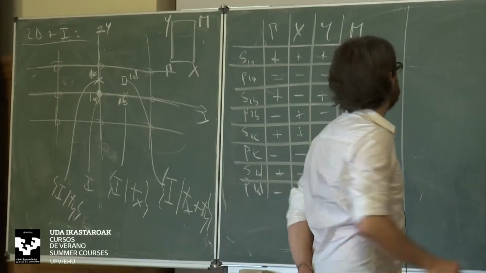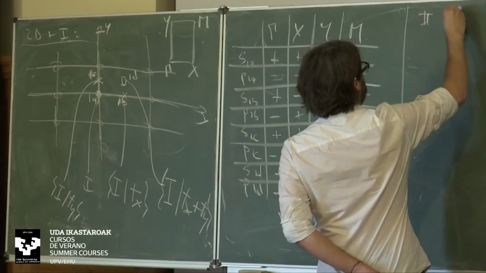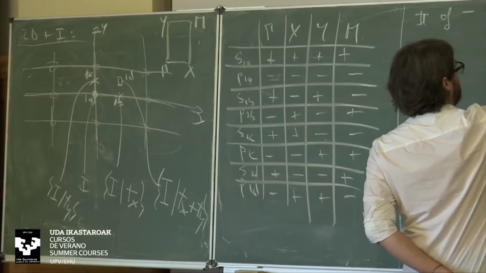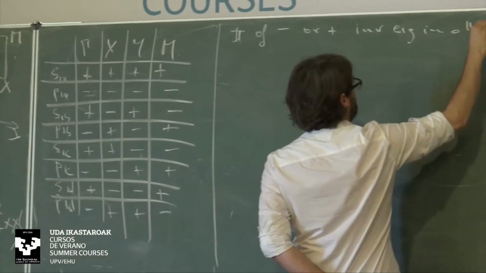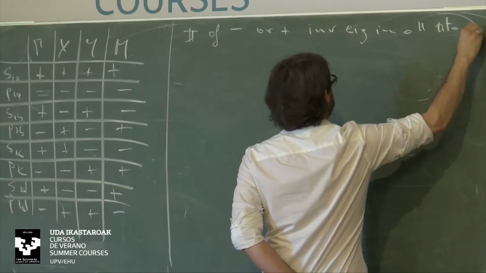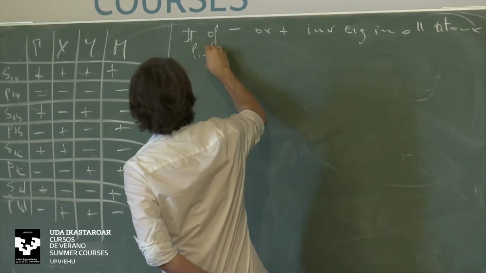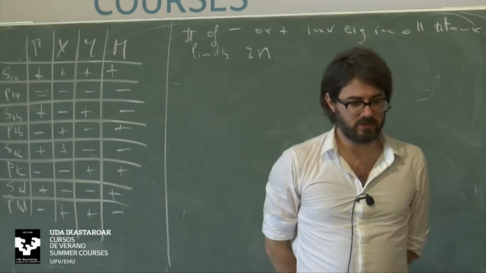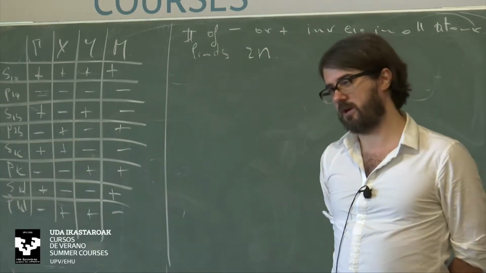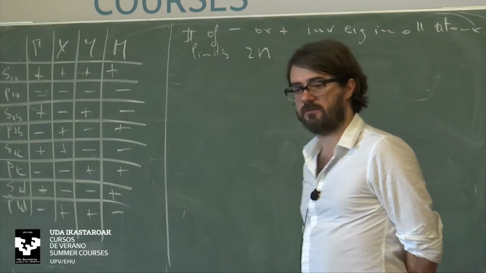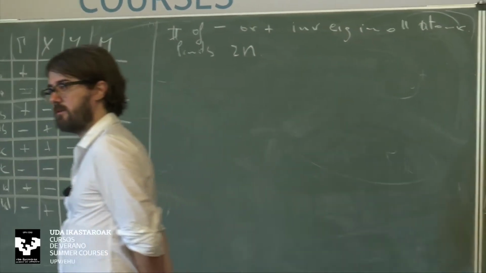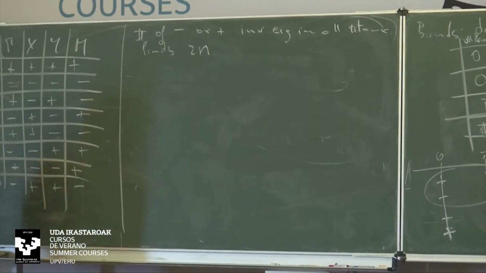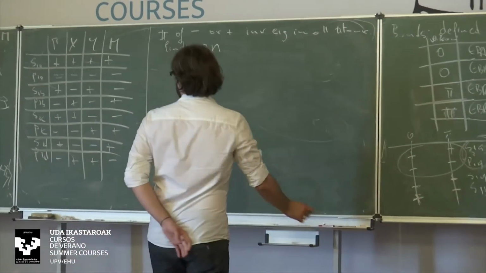So, the number of minus or plus inversion eigenvalues in all atomic limits is 2 times n, where n can be 0, 1, or 2. In 3 dimensions, this goes to 4 times n. And they're the reason for the appearance of higher order topological insulators in 3 dimensions. Okay, but we're still sticking in 2 dimensions.